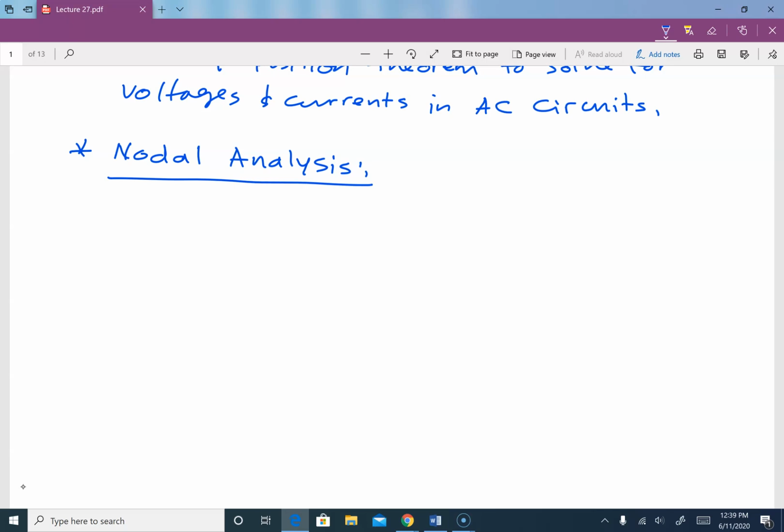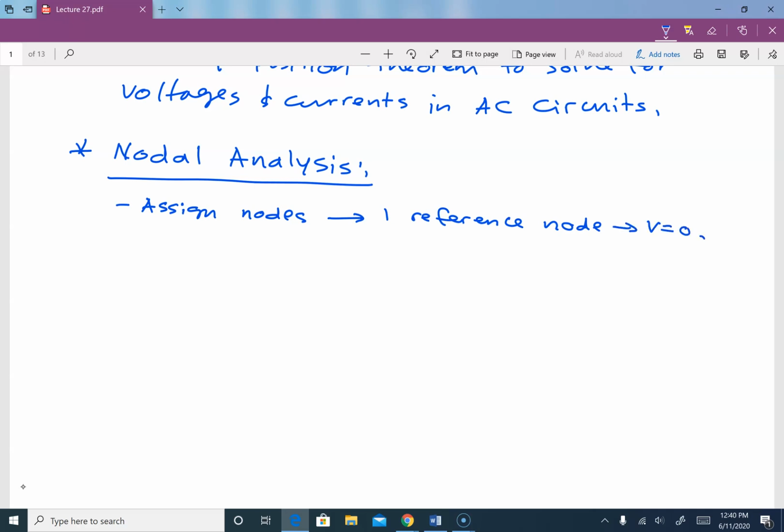So the first thing, as before, you need to assign nodes, and we have in the circuit one reference node where the V is equal to 0.